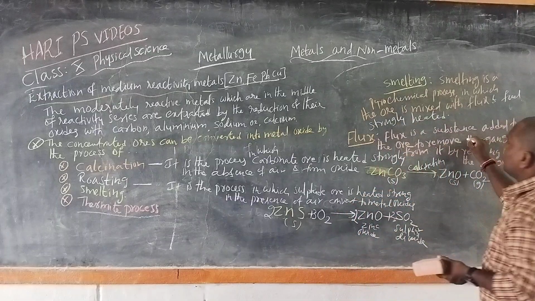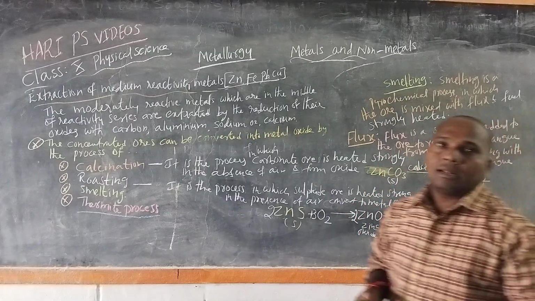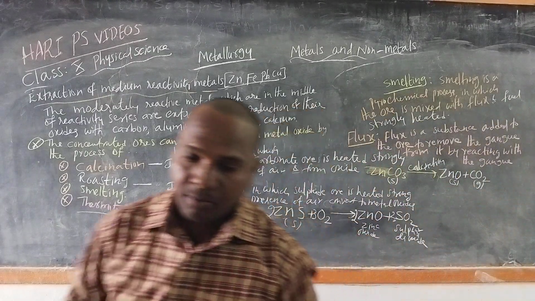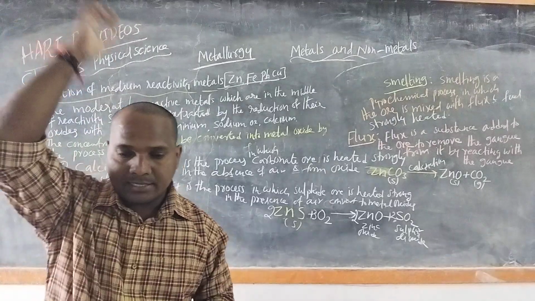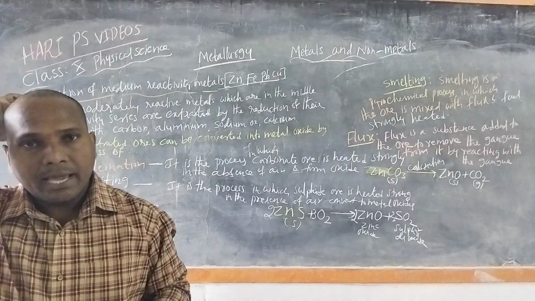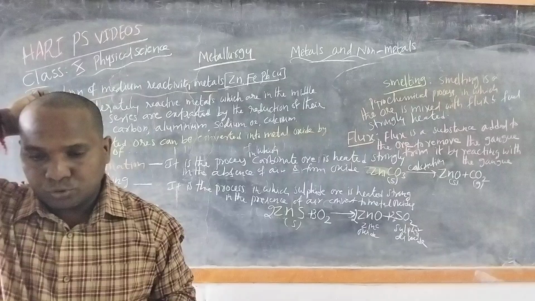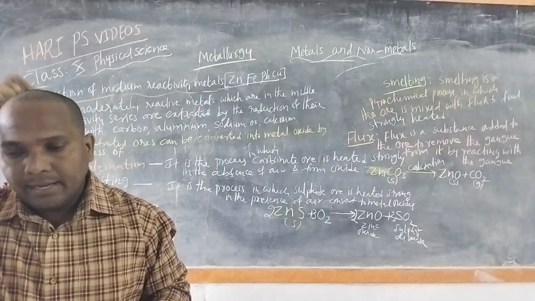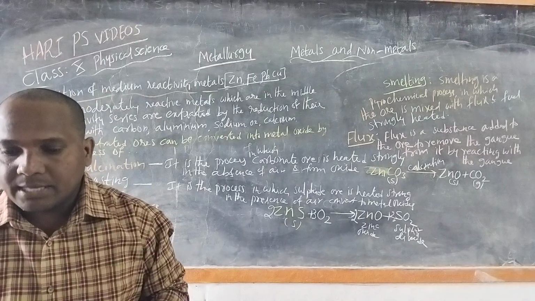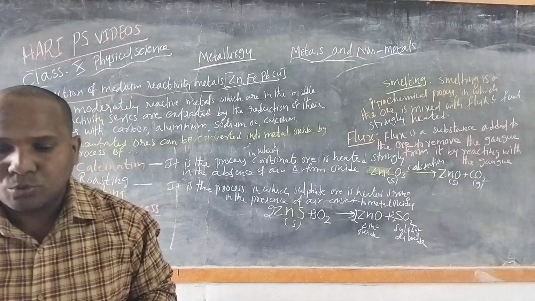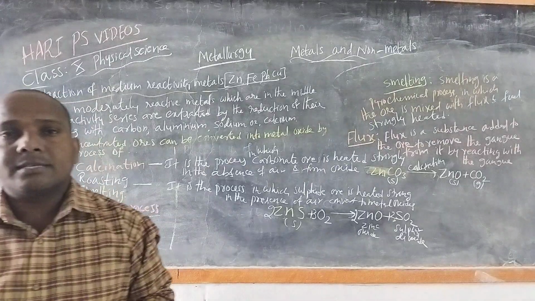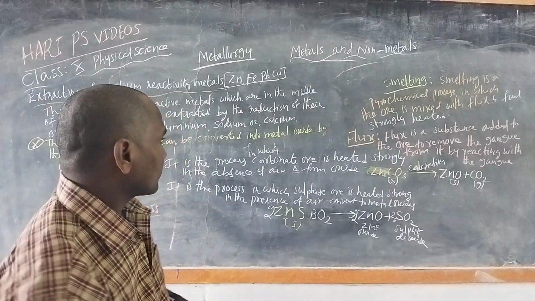So if the impurity is basic, like iron or magnesium oxides, we should use SiO2. If it is acidic like SiO2, a basic substance like calcium oxide is used.